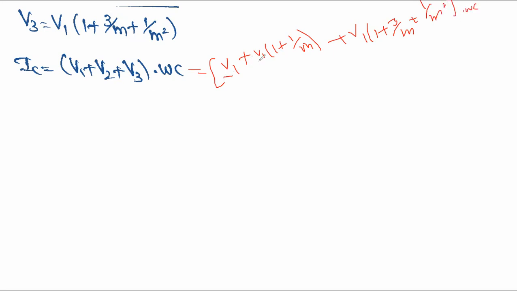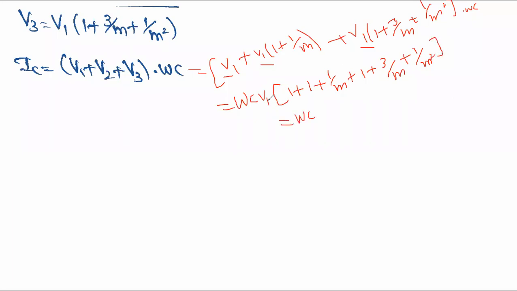Here V1 is common. You should take common V1. That is WC into V1, and you should take common 1 plus this value. That is 1 plus 1 by m, and this term, 1 plus 3 by m plus 1 by m square. That is WC V1 into, 1 plus 1 is 2 plus 1, 3. That is 3 plus 1 by m plus 3 by m.